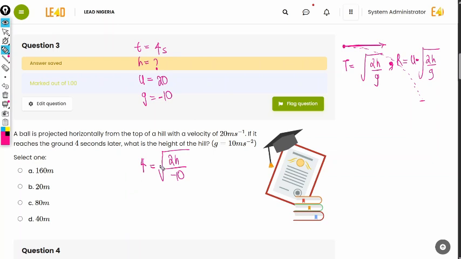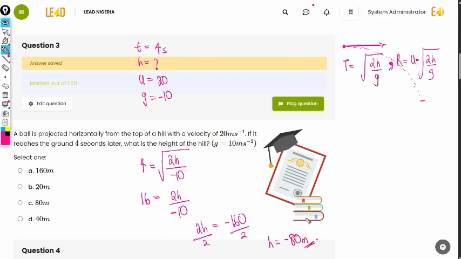So I can square both sides. I would have 16 is equal to 2h over negative 10. All right, so 2h is equal to negative 160. So h would be negative 80. All right, negative 80 meters.